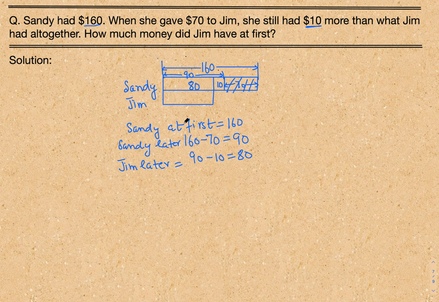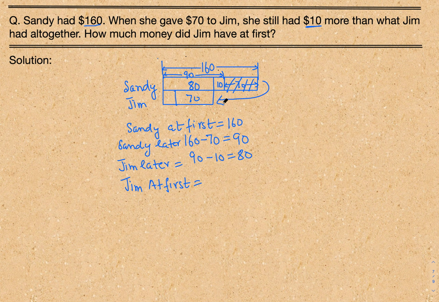So what do you think, how much was Jim at first? He had 80 after getting this 70 from Sandy. So let's say this is the 70 he got from Sandy.